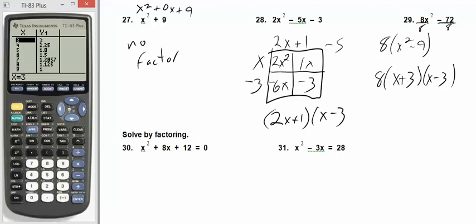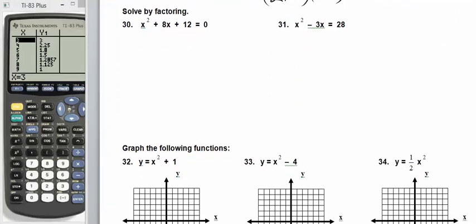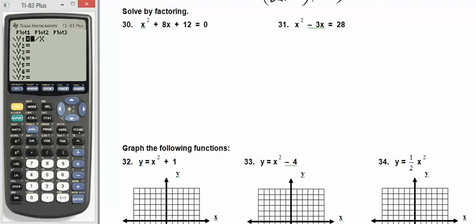So solve by factoring. Now, we can solve these by factoring, and I will, but also remember you can do this on the calculator. So you can go this in y1, that in y2. We have x squared plus 8x plus 12. And then in y2 we're going to put 0.